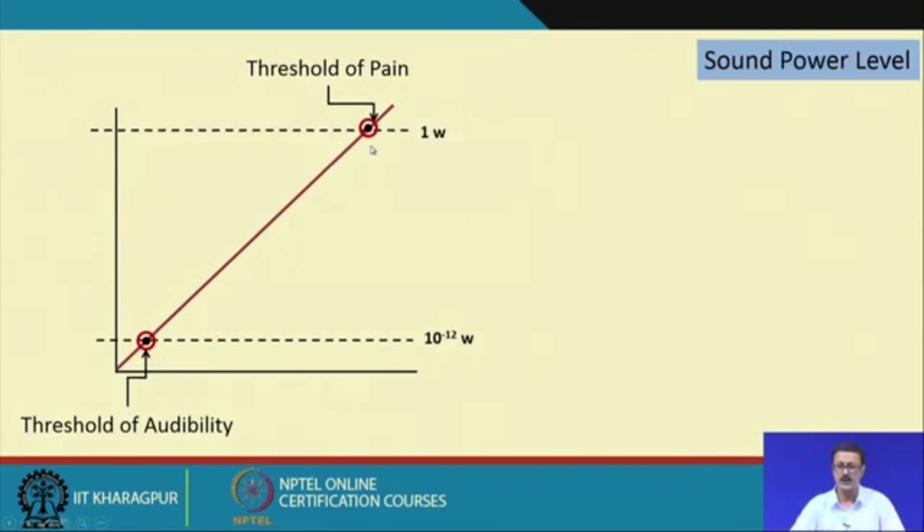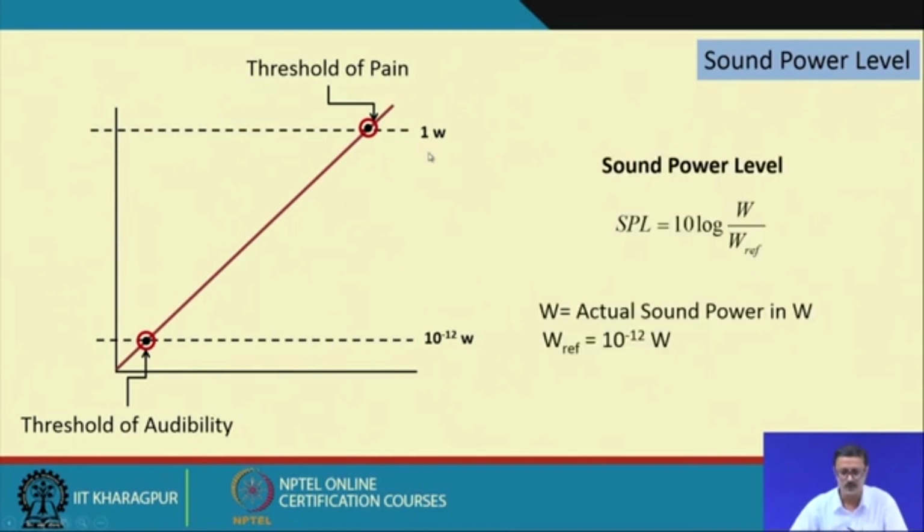Next, let us rewrite this concept in terms of power level. What we just discussed is the intensity, which is watt per meter square. Now, if I want to see how much power, in watt, then again these limits are 10 to the power minus 12 watt to 1 watt, and I can express the sound power level as 10 log W by W reference, where W reference is the threshold of audibility, 10 to the power minus 12 watt, and W is the power of the particular sound I am going to measure.